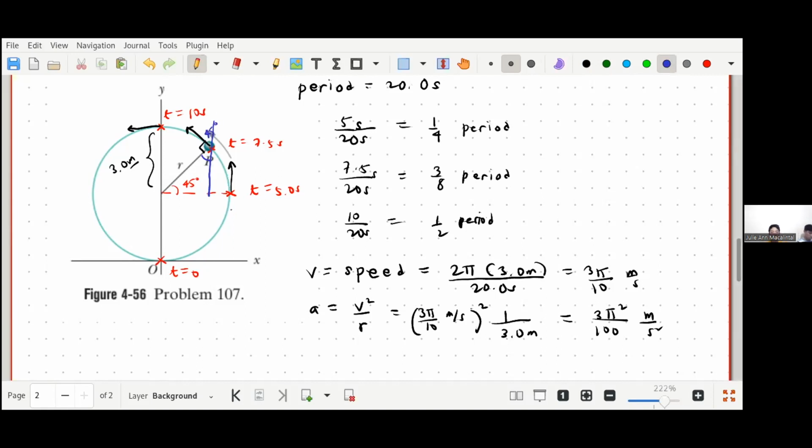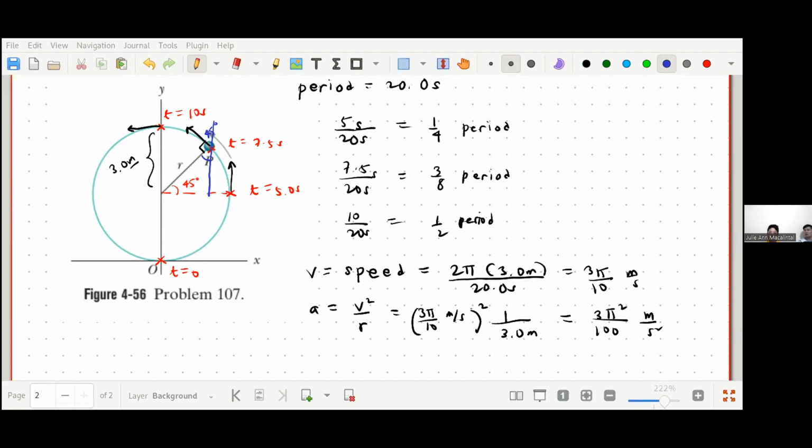Kaya 45 naman yan eh, no? So, 45. And using angles, you can get yung components ng velocity ng unit vector pointing tangent to the circle. Okay? So this is another way na kunin mo yan.